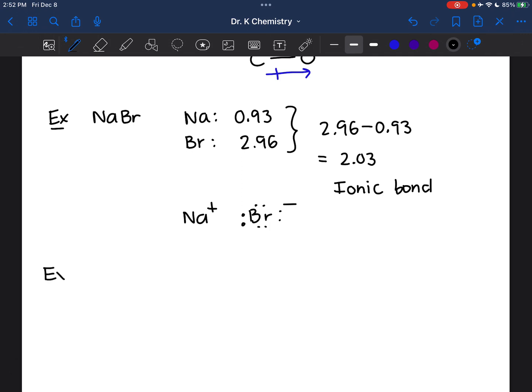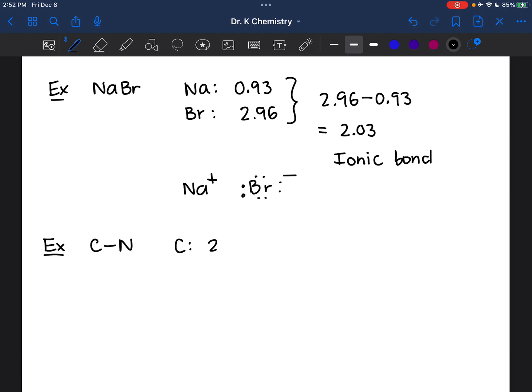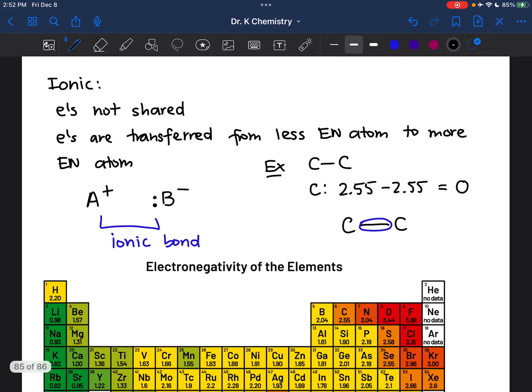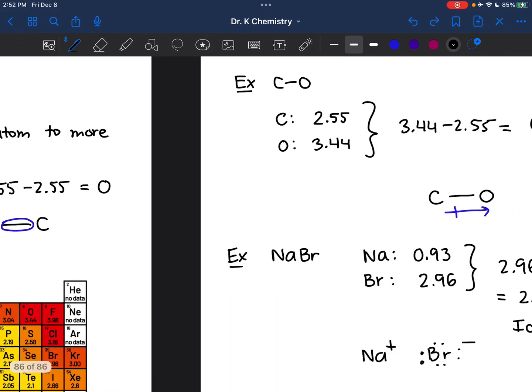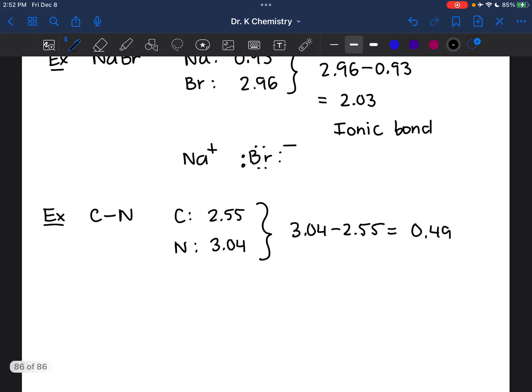And finally, let's try one more. Okay. Here we have carbon, which we previously determined had an electronegativity of 2.55. Nitrogen is 3.04. And I'm going to subtract those two. And I'm getting 0.49.